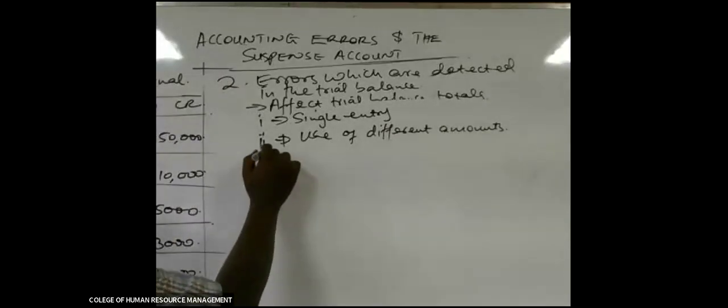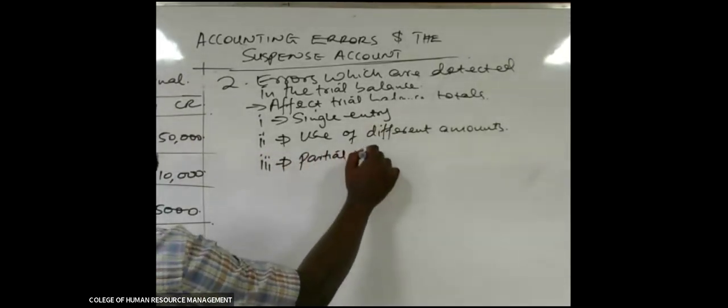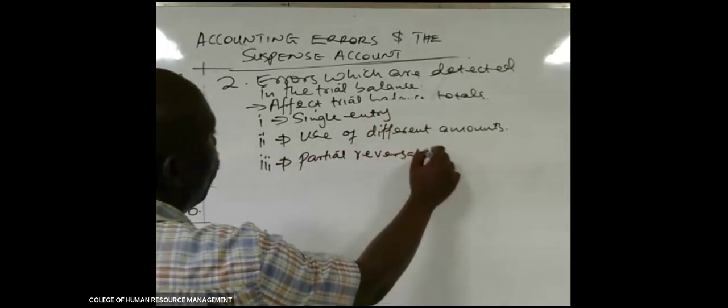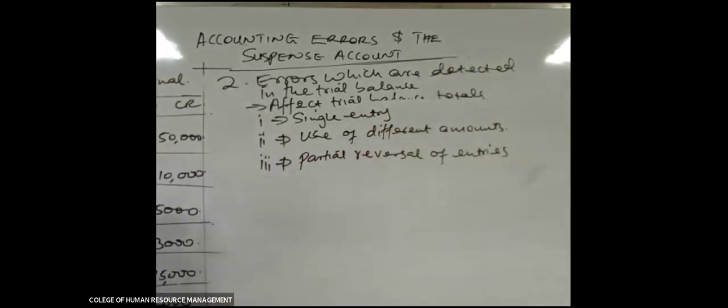Number three is what we call the partial reversal of entries. Instead of complete reversal, you do partial reversal of entries. It means that you either do 2 debits or 2 credits.